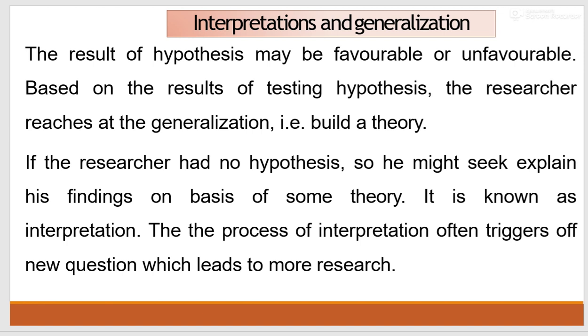So based on the results of testing the hypothesis, the researcher reaches a generalization, that is, building a theory. If the researcher had no hypothesis, he might seek to explain his findings on the basis of some theory. It is known as interpretation.